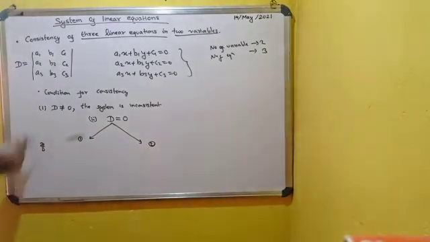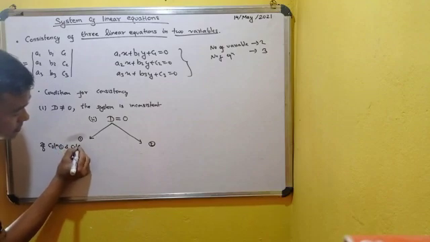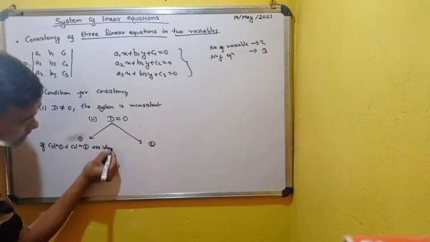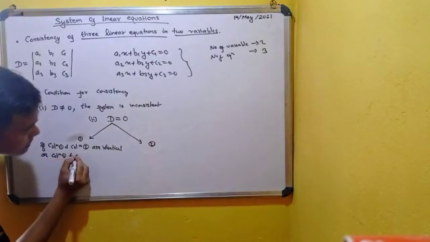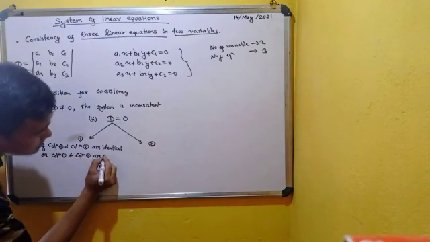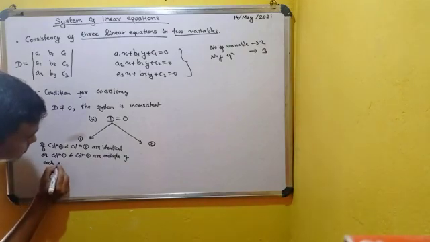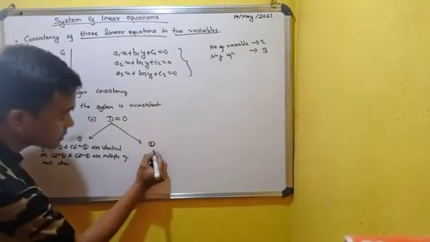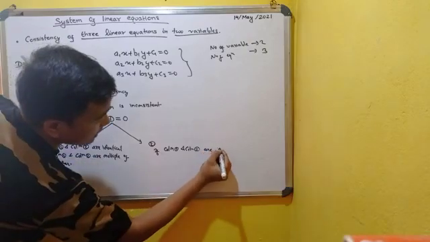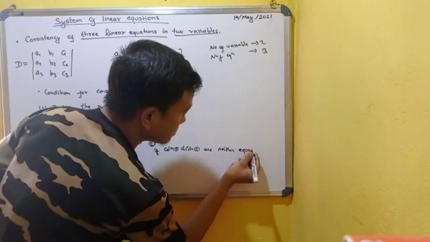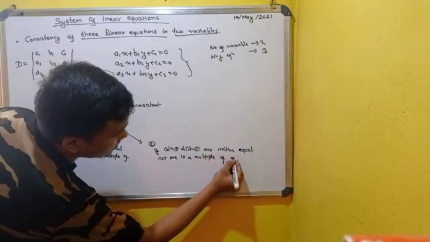In the first case, if column 1 and column 2 are identical, or column 1 and column 2 are multiples of each other, and in case 2, if column 1 and column 2 are neither equal nor one is a multiple of another.